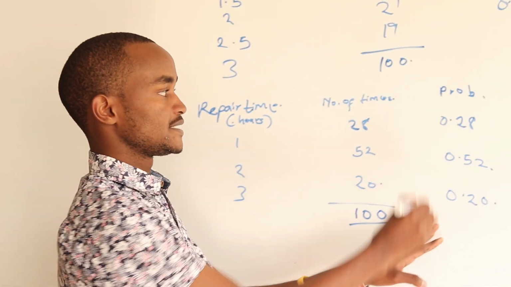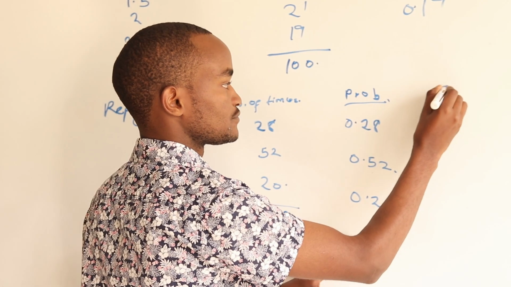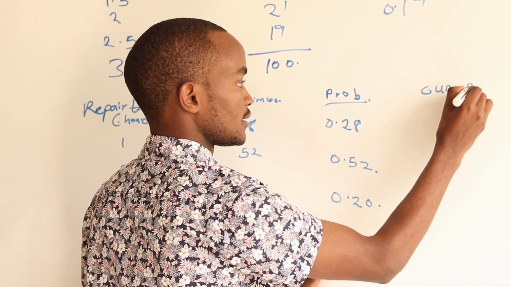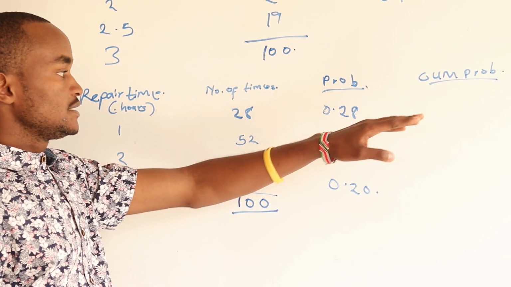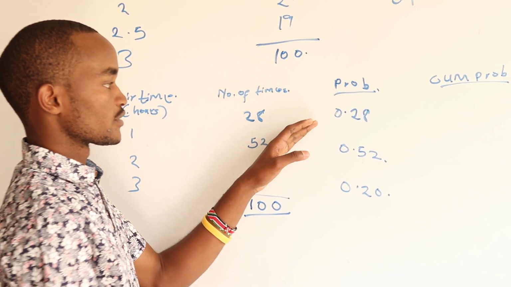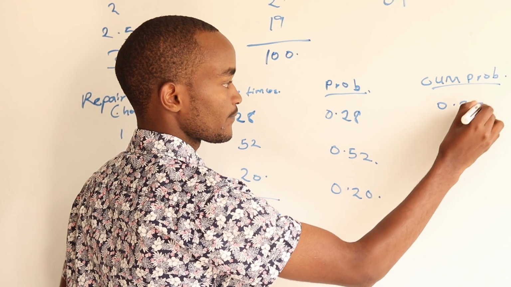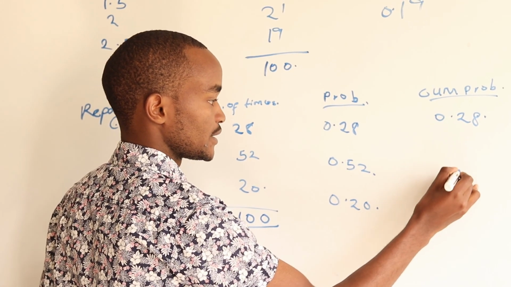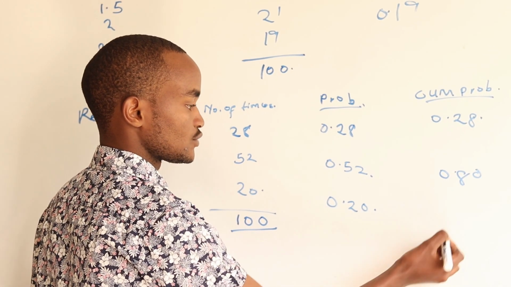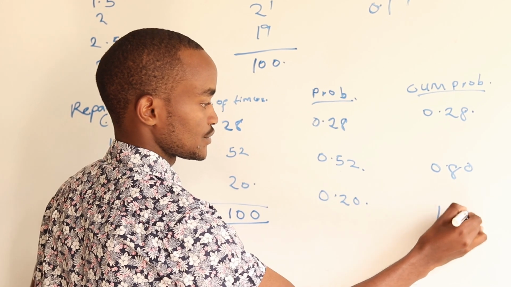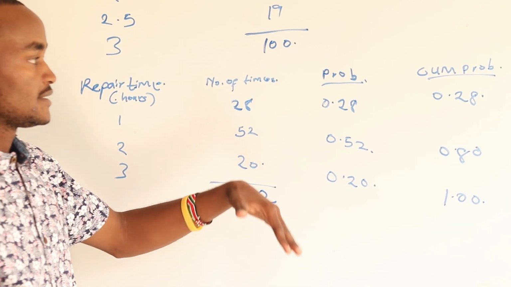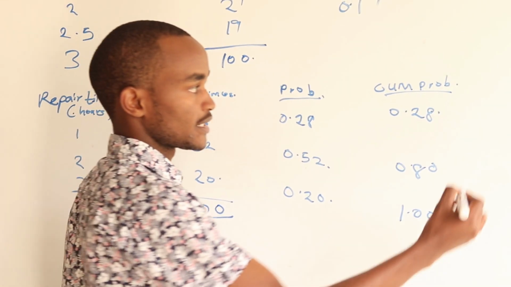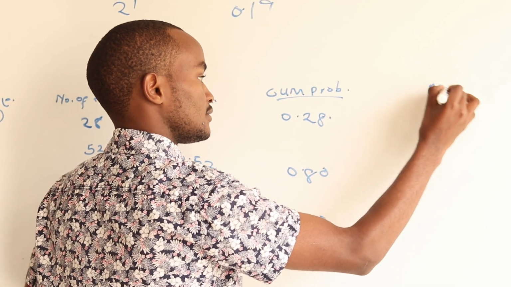After getting the probability, we'll get the cumulative probability. So for the cumulative probability, we'll use the probability. So the first one will be 0.28, the second one will be 0.80, and the third one will be 1.00. After getting the cumulative probability, the next step will be to get the random number ranges.